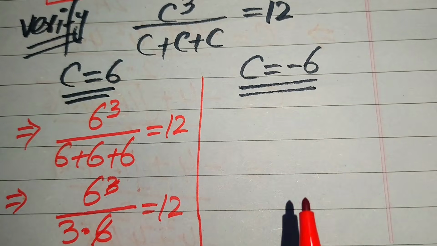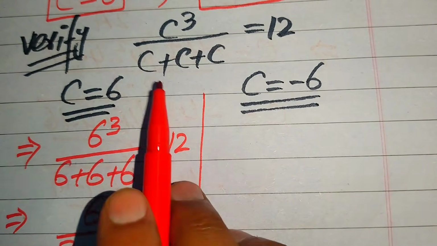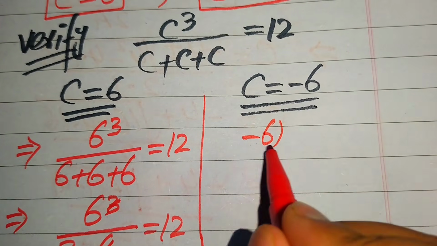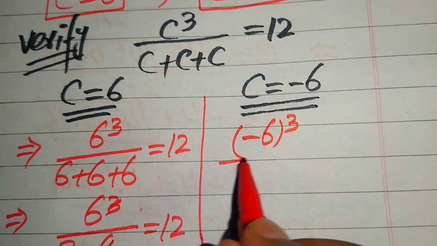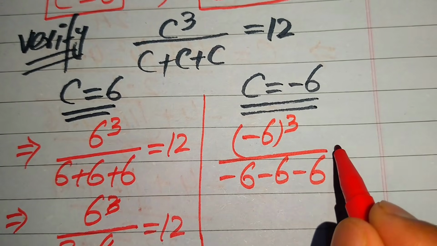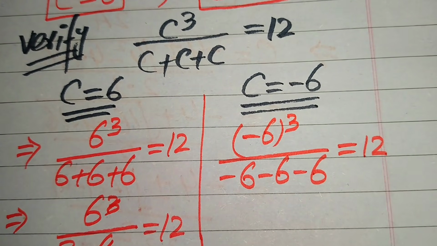So the second value of c is equal to minus 6. So we put this value into the left hand side and we check its behavior, and this becomes minus 6 cubed divided by minus 6 minus 6 minus 6 is equal to 12.